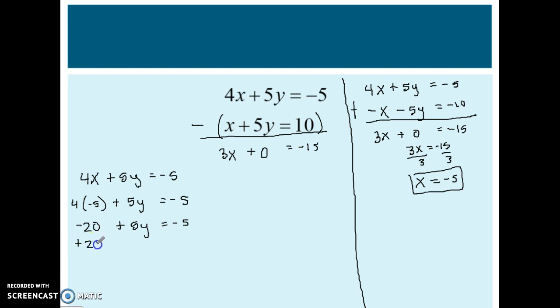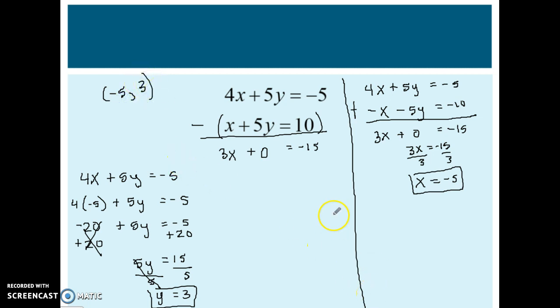If we add 20 on both sides to get it to cancel off over here, because negative 20 plus 20 is 0, you end up with 5y equals 15. And dividing both sides by 5 to get y by itself, you have y equals 3. So our solution to this system of equations would be the ordered pair negative 5, 3.